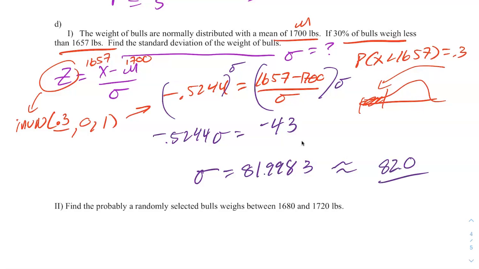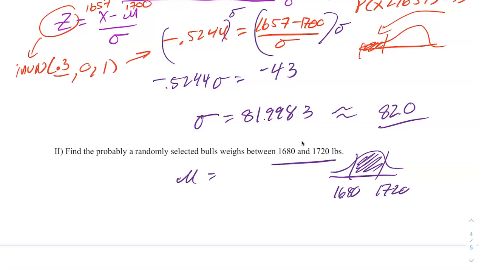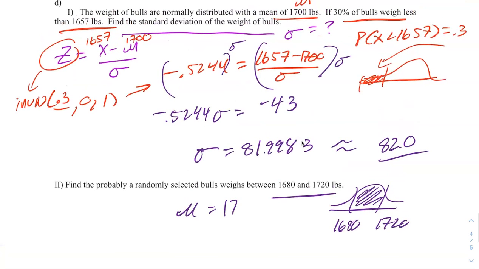There we go. Find the probability that a randomly selected bull weighs between 1680 and 1720. So they just want us to find the normal CDF value between these two values. My lower bound is 1680, my upper bound is 1720. My mean, they tell us, was 1700, and my standard deviation I just found is 82.